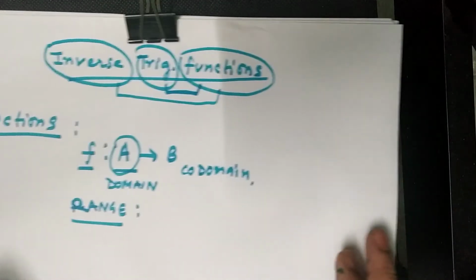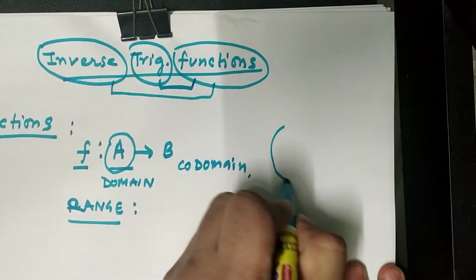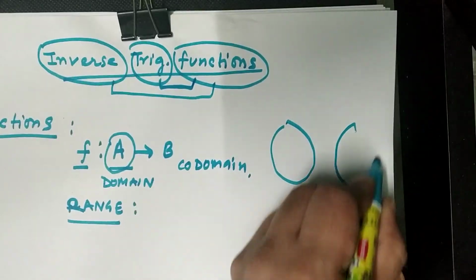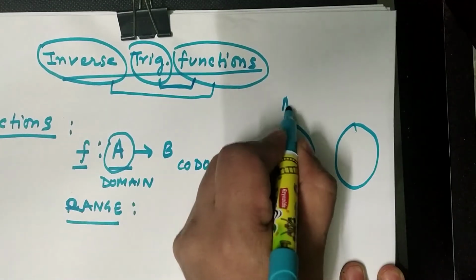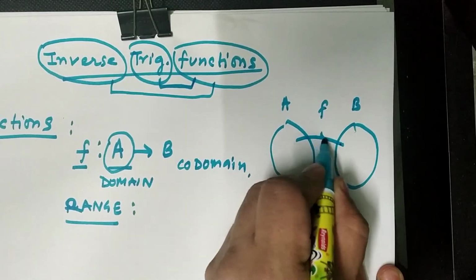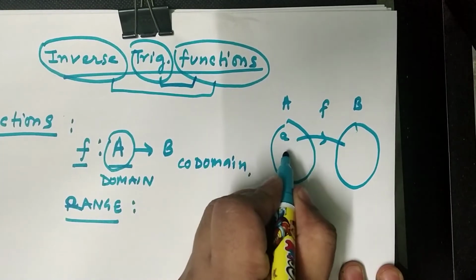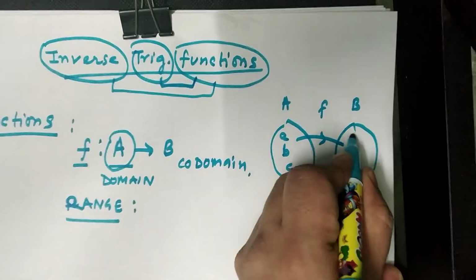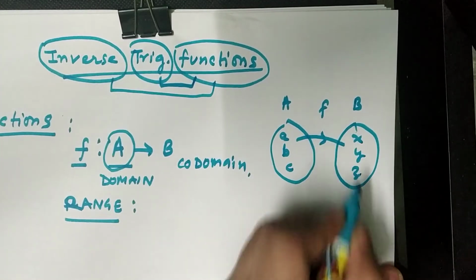Right, let us understand this with the help of an arrow diagram. We have a set A, set B, f is a function from A to B. Let us assume set A has 3 elements, set B has 3 elements.